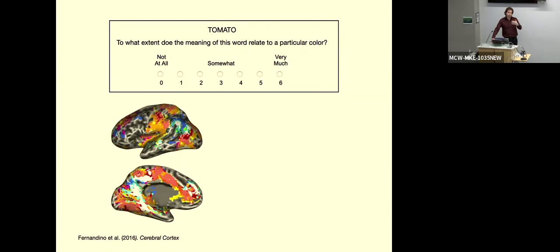And participants would say very much for tomato. If the word was something like air, they would say not at all. We had 5 sensory motor features rated for all the words that we tested: color, shape, sound, motion, and manipulability. And then we plotted on the brain surface which areas responded the most to each of these different sensory motor features, and that's what the colors indicate.